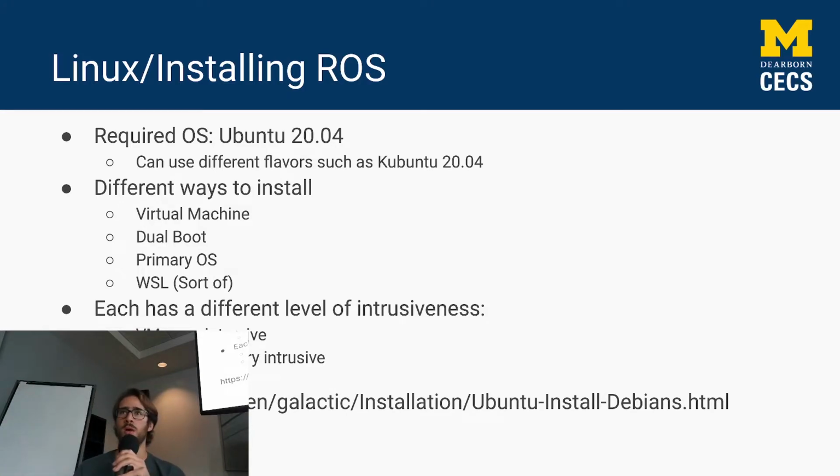And there's a couple different ways to install if you want. You can either do a virtual machine through something like VirtualBox, you can dual boot, or you can just send it and install it on your main drive and just go for it. Obviously, a VM's not going to be very intrusive and is easily reversible, whereas your primary OS, it burns everything.